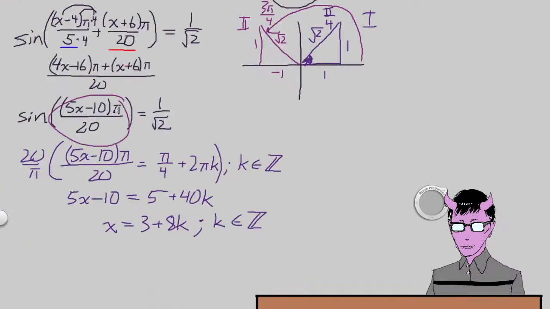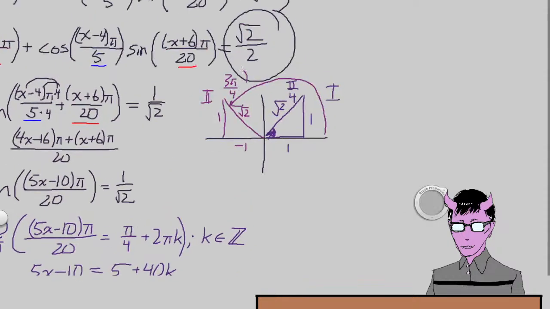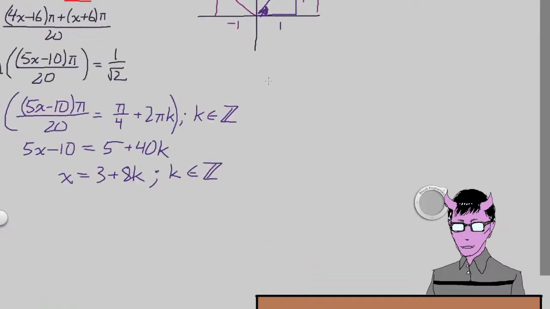So we're going to take that argument, and then we're going to force the argument to be equal to the reference angle, which is 3 pi over 4. So we have 5x minus 10, parenthetical pi over 20.